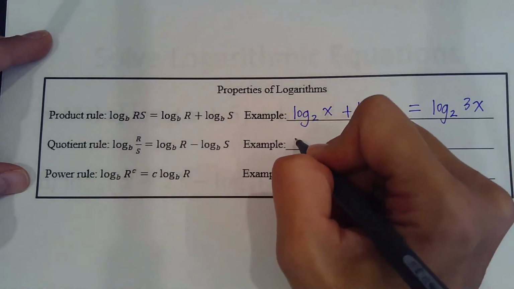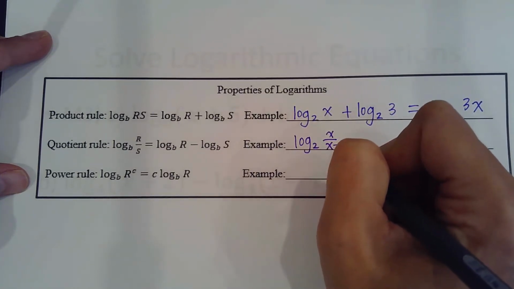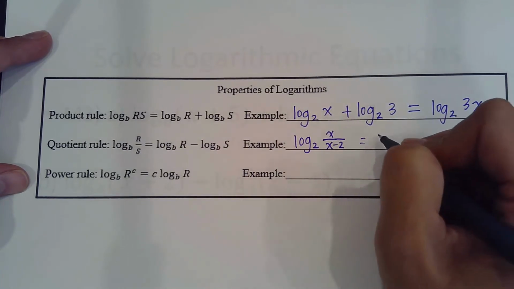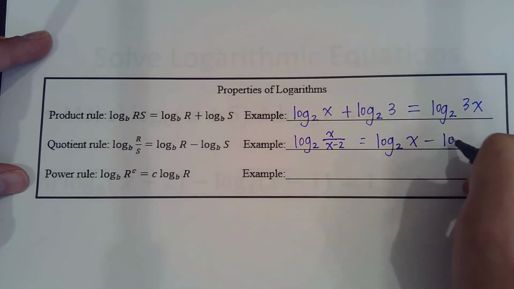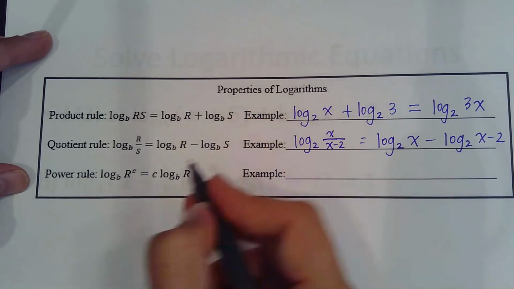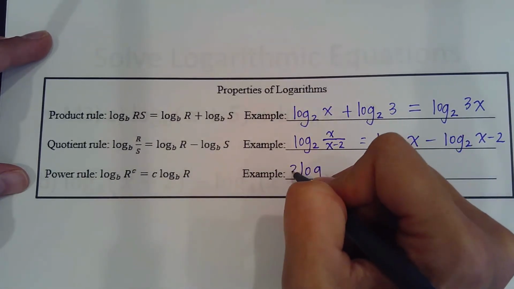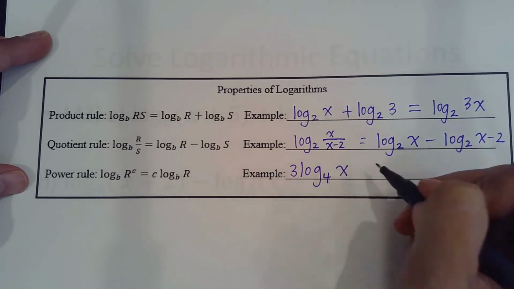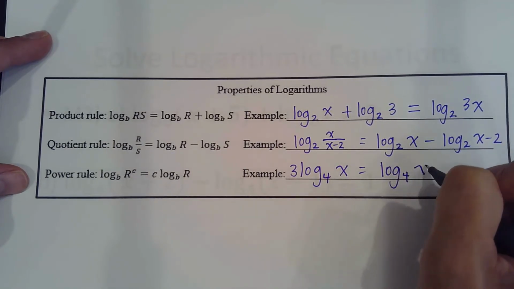The quotient rule, remember, if you're dividing inside there, so if you have a division, you can then expand it with the subtraction, and remember, it can go both ways. So don't forget that. And then we already have talked about this one, but if we have, let's just say, a number in the front, we can rewrite this with it as the exponent.